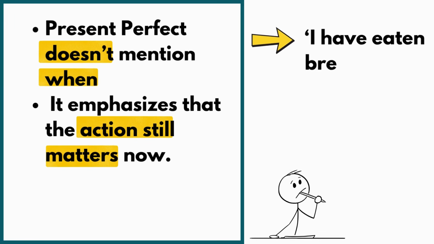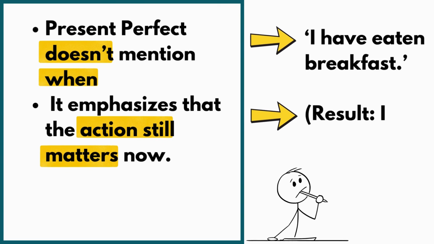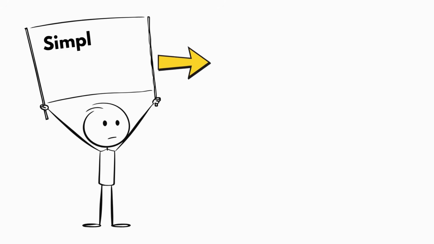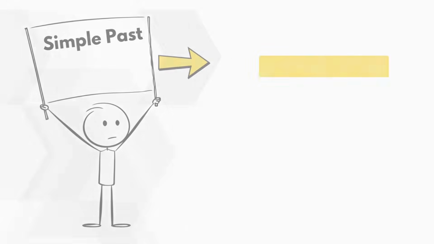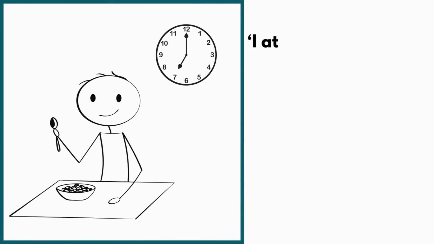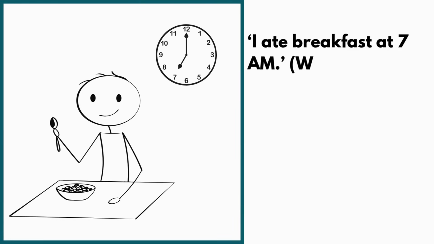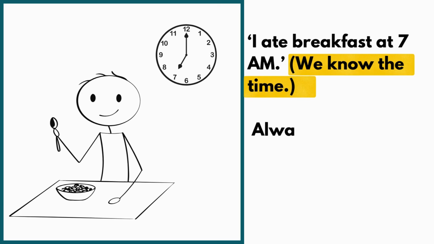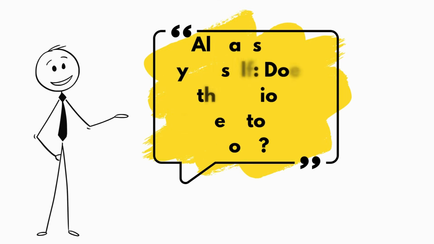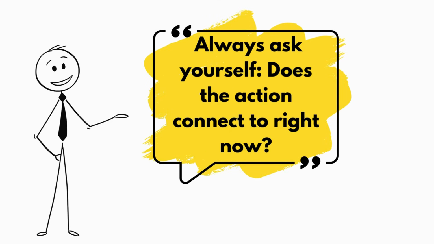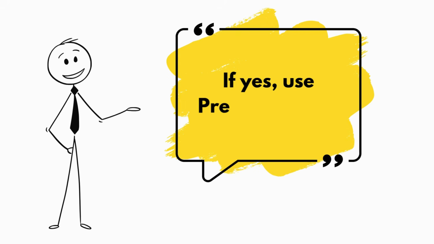I have eaten breakfast. Result, I'm not hungry. Simple past tells exactly when an action happened. I ate breakfast at 7 a.m. We know the time. Always ask yourself, does the action connect to right now? If yes, use present perfect.